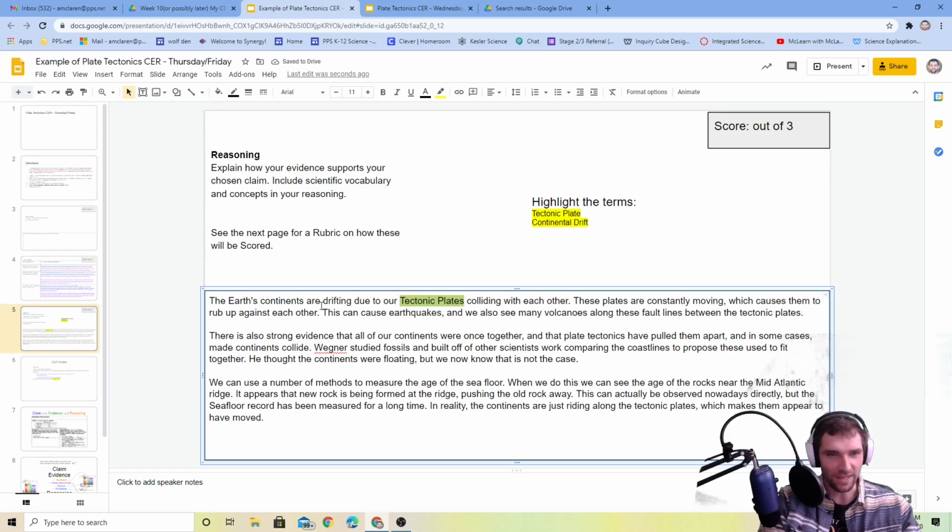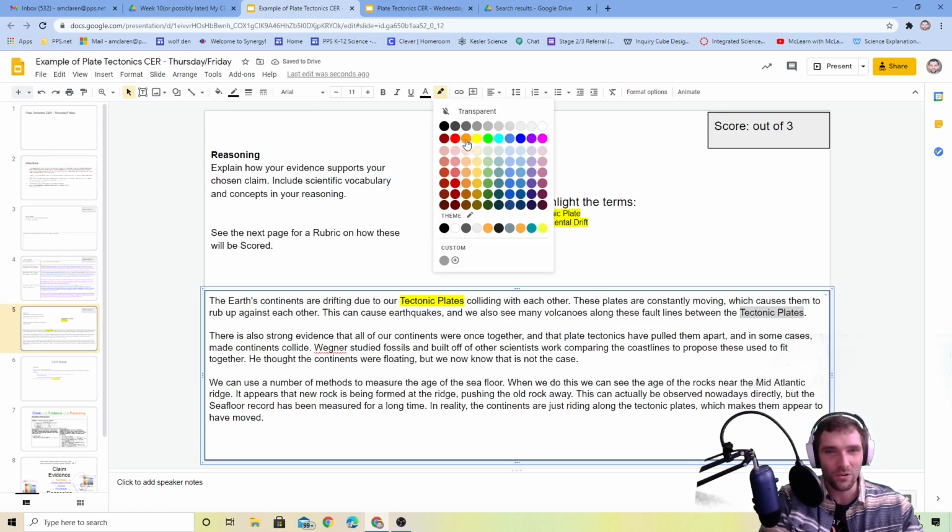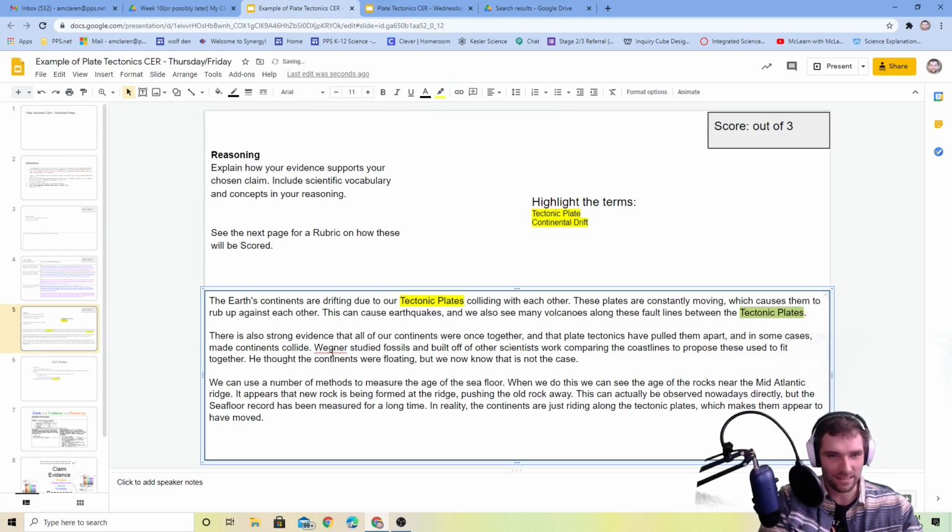Gotta show some respect, right? Trust me, tectonic plates has earned that respect. And for the longest time, this theory was really rejected by a lot of scientists. They thought it was so crazy, but then the evidence just kept on being too compelling. I think I may have not said the word continental drift.